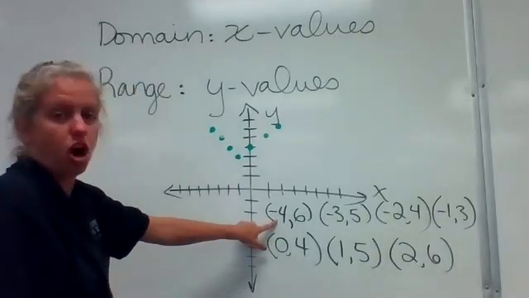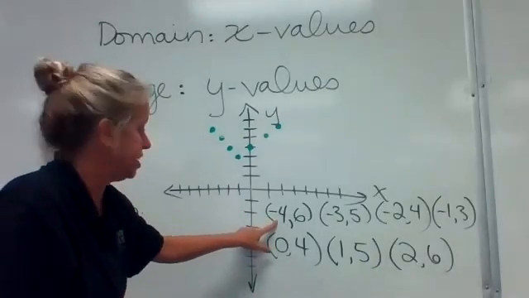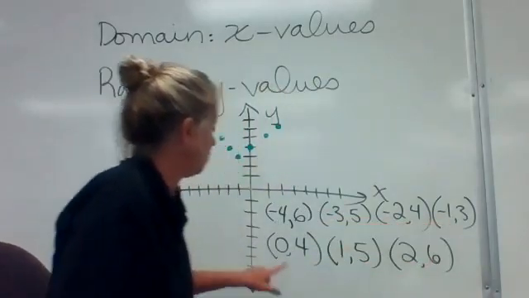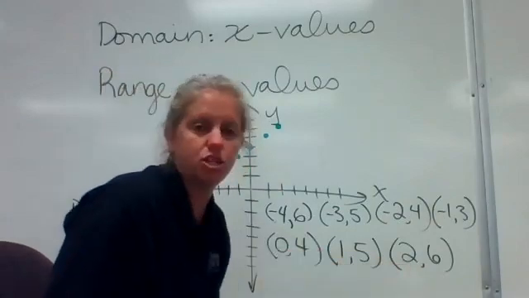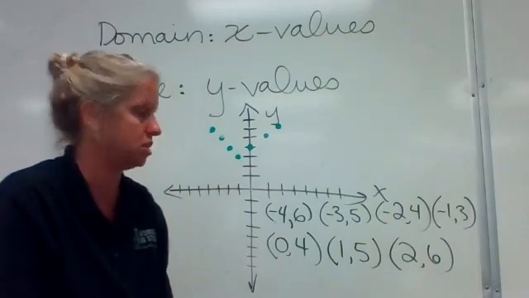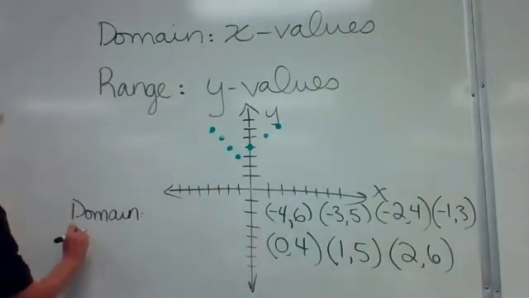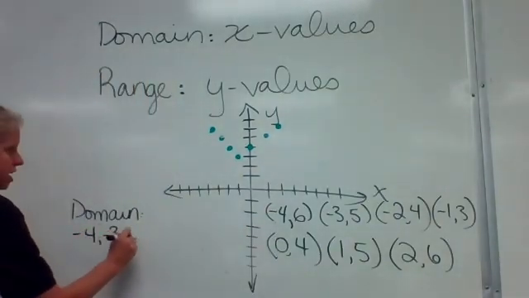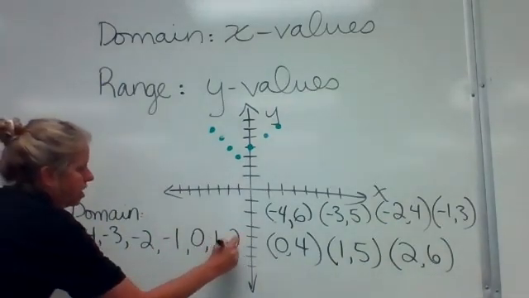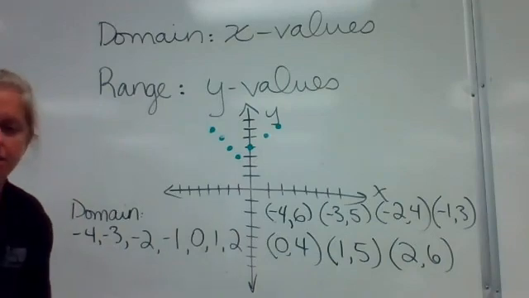My x coordinates are all the first coordinates of each point. So -4, -3, -2, -1, 0, 1, and 2. Nobody repeats, so I just write all of those numbers. So starting at -4, -3, -2, -1, 0, 1, and 2. So there's your domain.